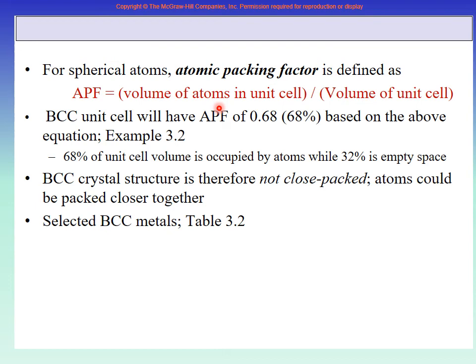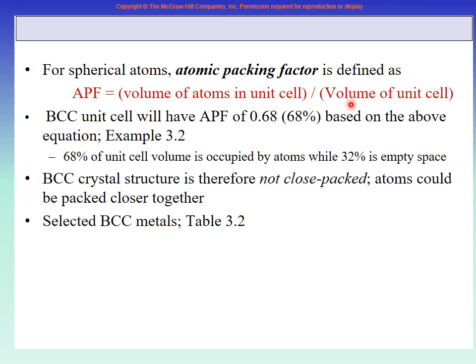What is the volume of a sphere? From your basic geometry, remember, 4 by 3 pi r cubed. Remember, a sphere volume, not area. So it is 4 by 3 pi r cubed. That is there in your mind, hopefully. So if there are 2 atoms, then 2 multiplied by 4 by 3 pi r cubed. If you know the radius of the atom, then this is the volume of the atoms in the unit cell.